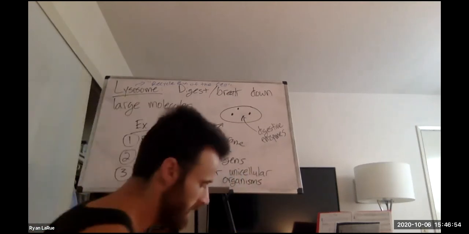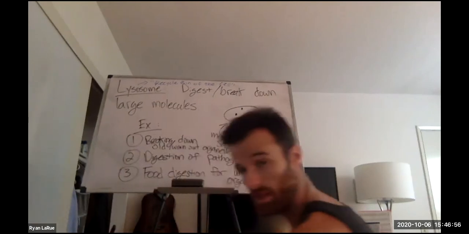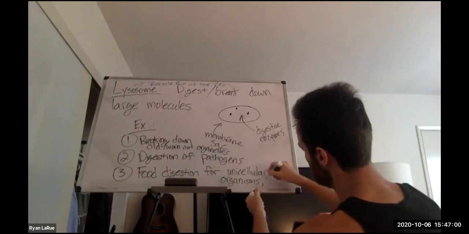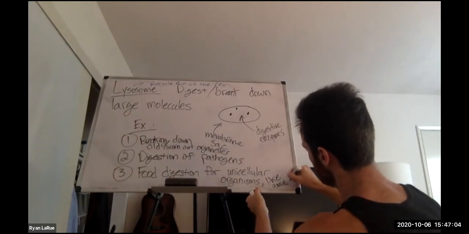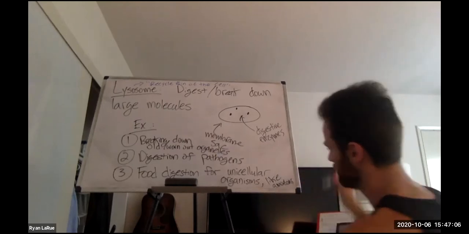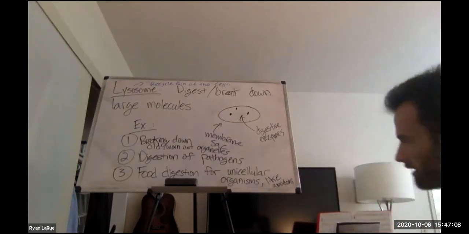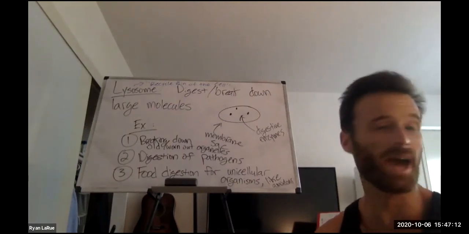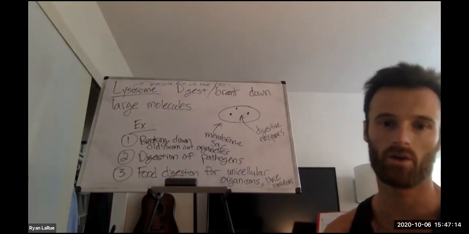And I'm actually going to say, like amoebas, because when we look at different cell types towards the end of the lecture today, we'll discuss how certain cell types don't have organelles.